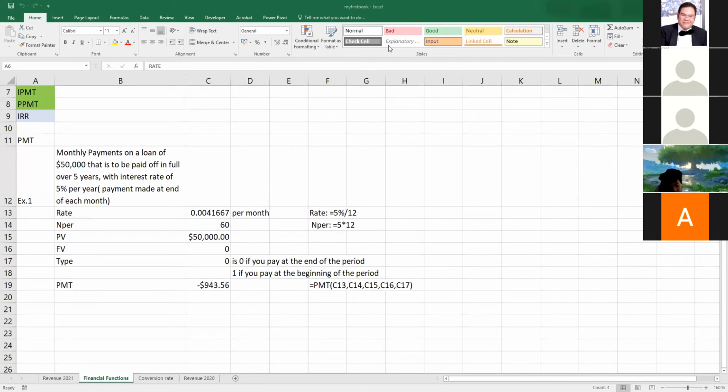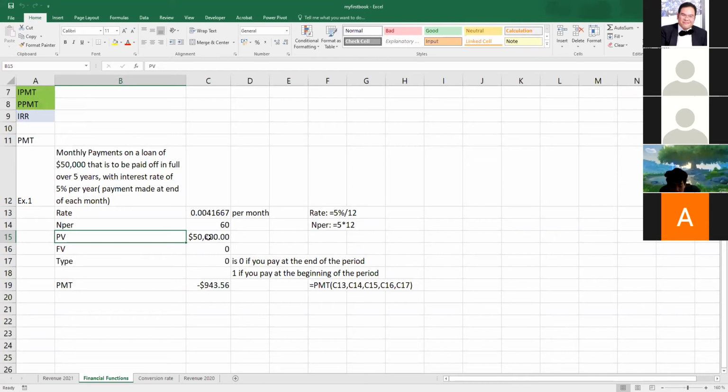In this case, you have to prepare this set of arguments. When we have the loan for 50,000, you have to consider that at the moment you request the loan, the money is with you, so the present value that is with you is $50,000.